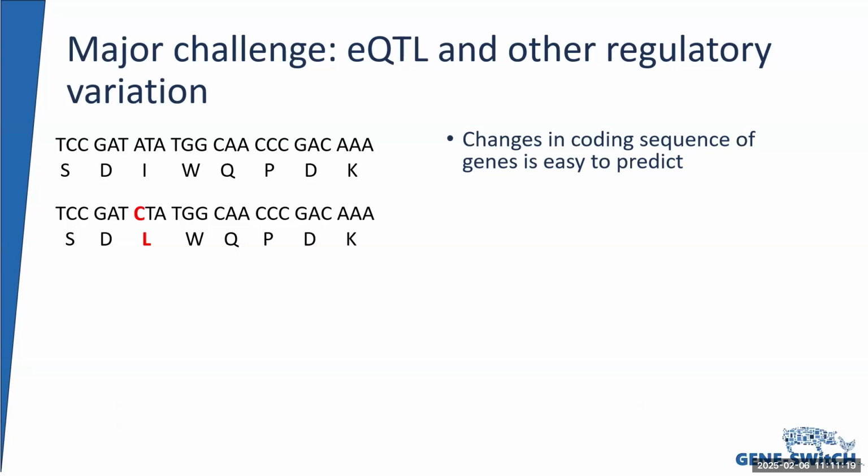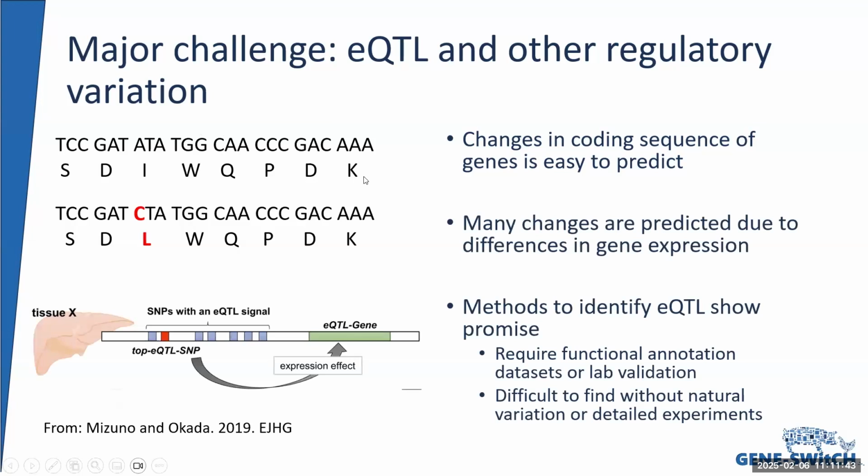And you can see on the left, the gene sequence is broken up into the codon bases, and each codon translates into an amino acid. In the top and the bottom panel, the sequence is the same except for a single SNP, which changes the isoleucine into a leucine in the carriers. This is more easy to predict than the opposite, which would be any changes to regulatory apparatus within cells.